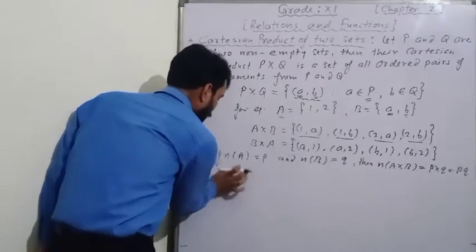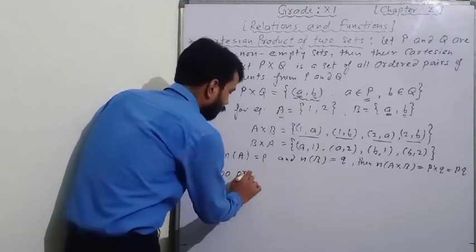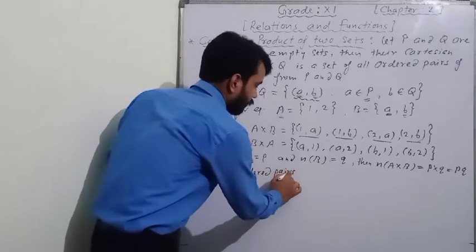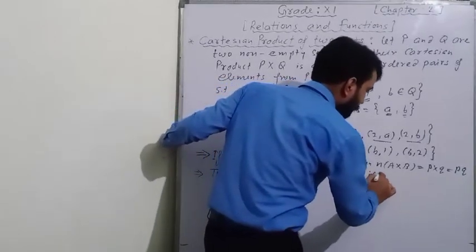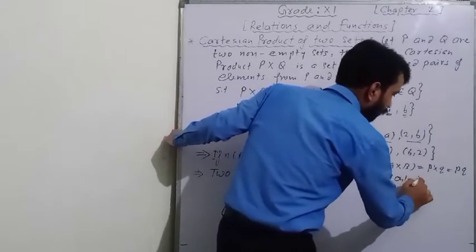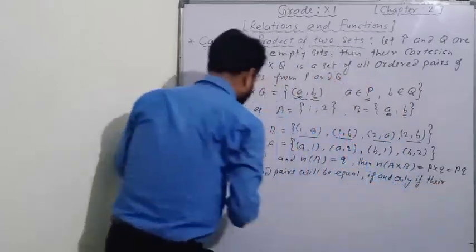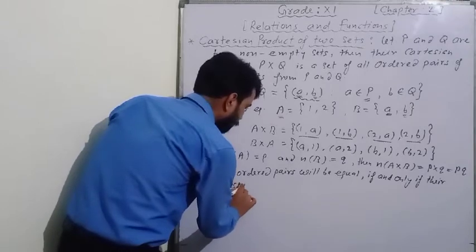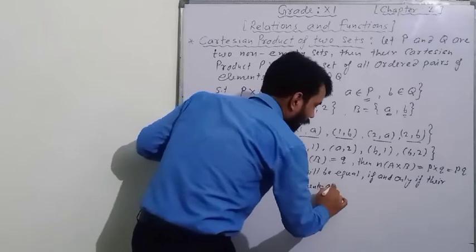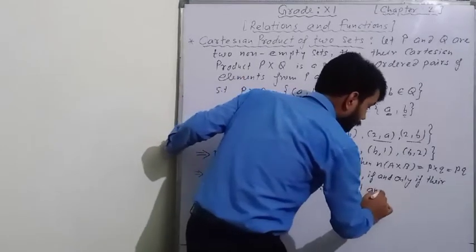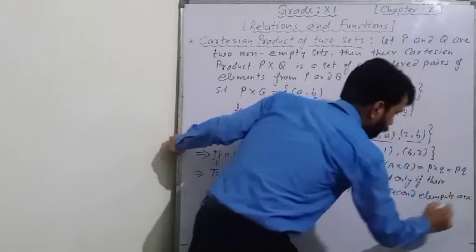If two ordered pairs will be equal if and only if their corresponding first elements are equal and second elements are also equal.